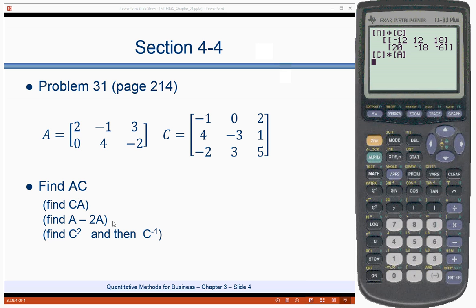But I can take A minus 2A, and you could do that as long as the matrices are the same size; if you had 2 different matrices that were the same size, you could add those together. So let's do second matrix A minus 2 times second matrix, and again I'm going to pick A, and we get a result.